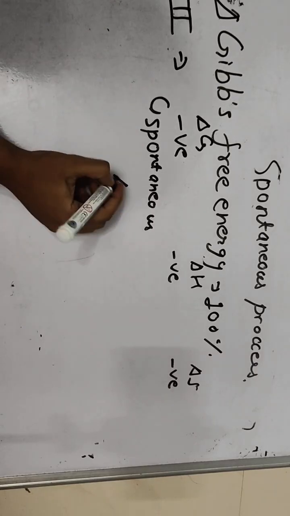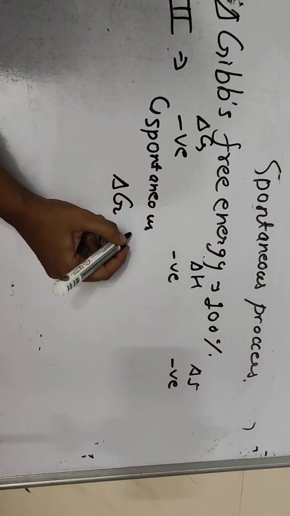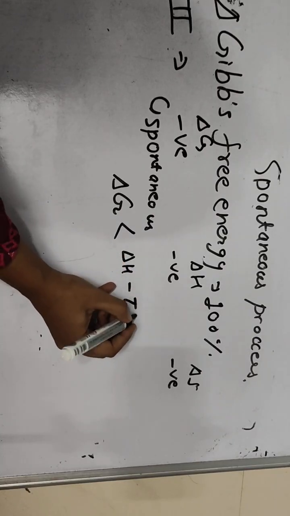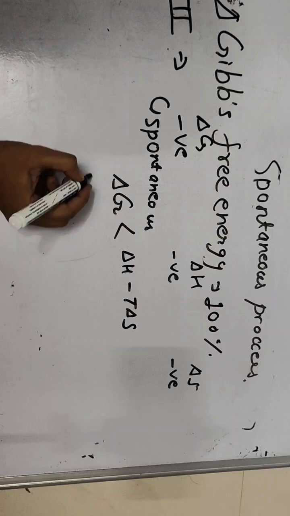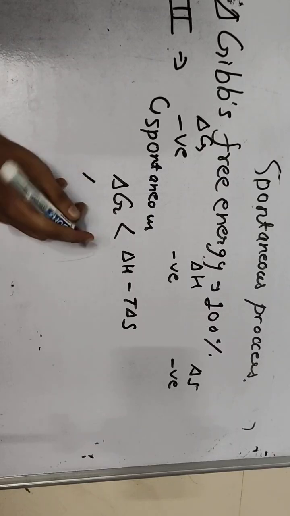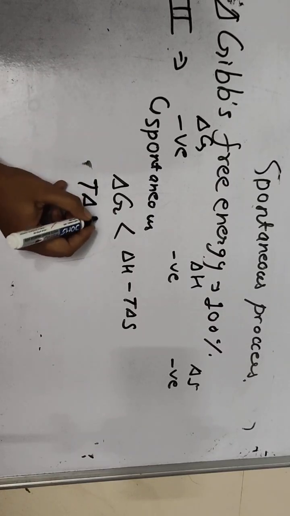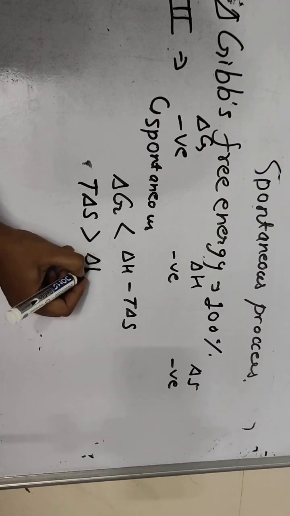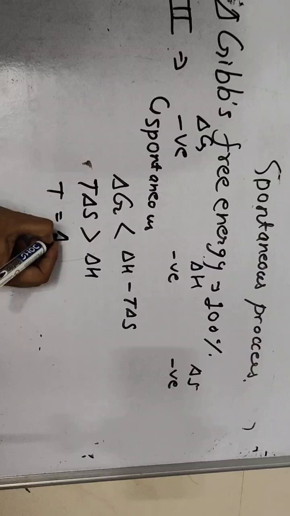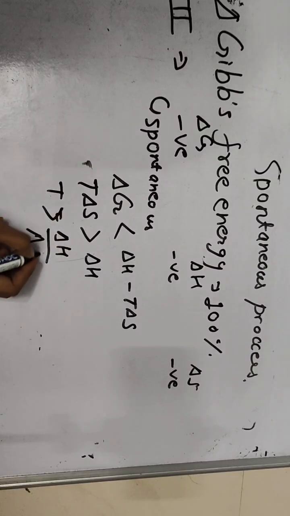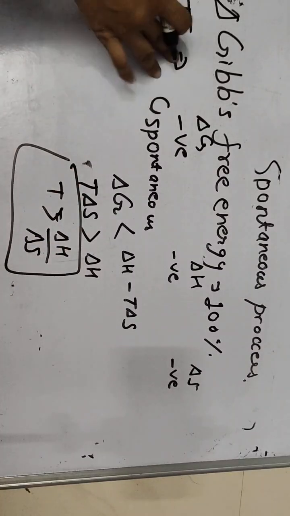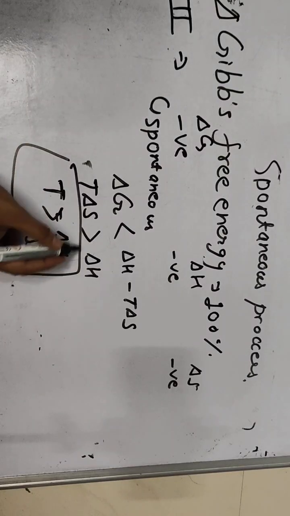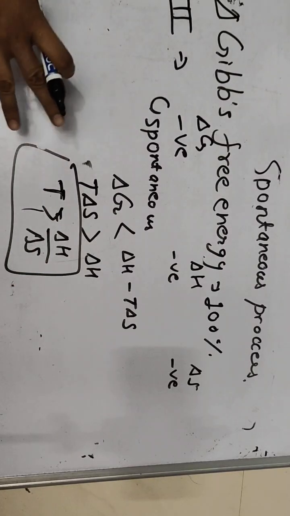For that we want delta G value less than 0, so we can shift T to one side: T is equal to delta H upon delta S. At this temperature, when the T value is more than this value, then this reaction can be spontaneous.